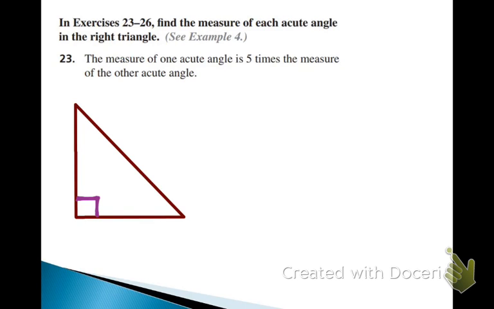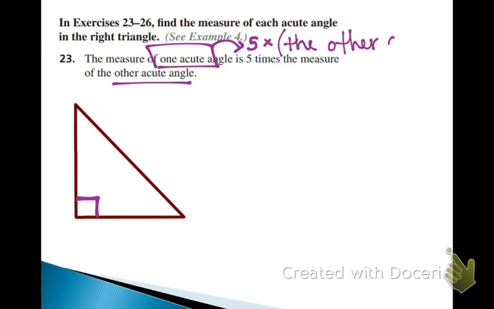Alright, so it says the measure of one angle is 5 times the measure of the other angle. So the first angle we're talking about, the one angle that's boxed in, is 5 times. Well, what does times sound like? Multiplying. So 5 multiplying, if you want to put a dot or maybe a little x that you're multiplying, times the measure of the other angle.